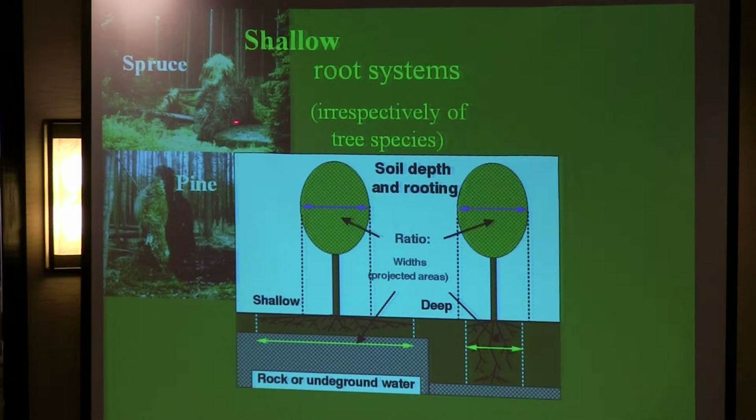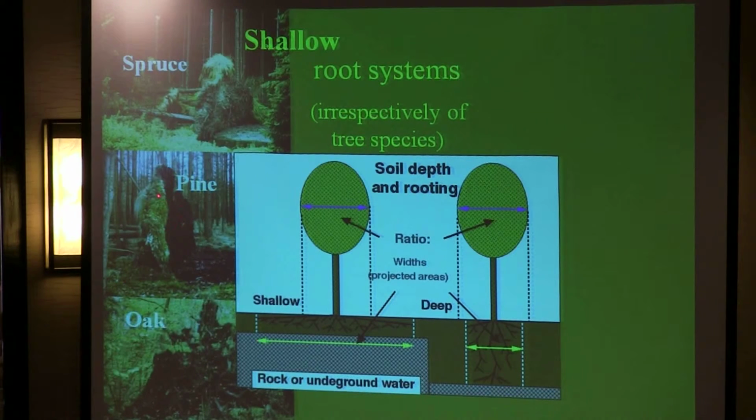You see, we have, for example, spruce, which is known as shallow rooting. Pine here is known as deep rooting, but here it is on the peatland, and the rooting depth is 5 centimeters. Here is oak, which is also known as a deep rooting species.